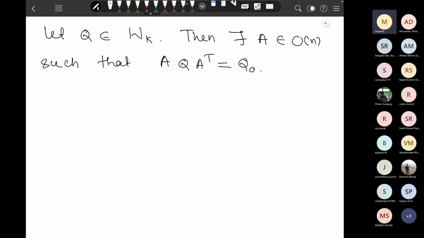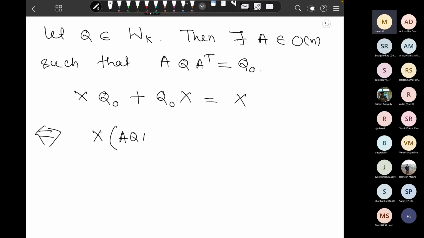So that means now let us see X Q naught plus Q naught X is equal to X. Okay. So this condition is equivalent to really, I can write this in terms of Q naught: I can write A Q A transpose.